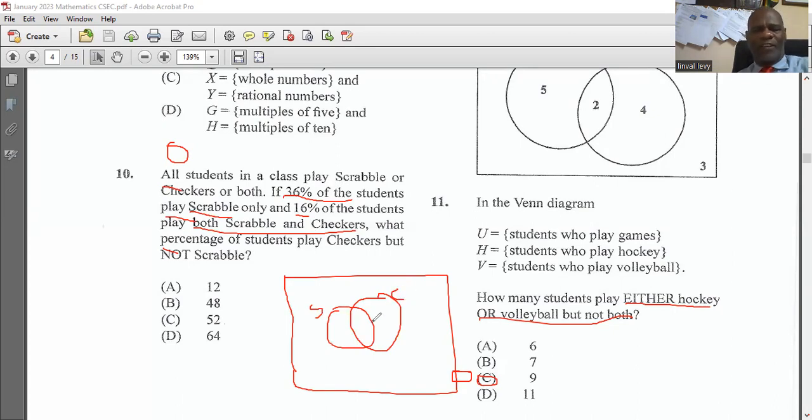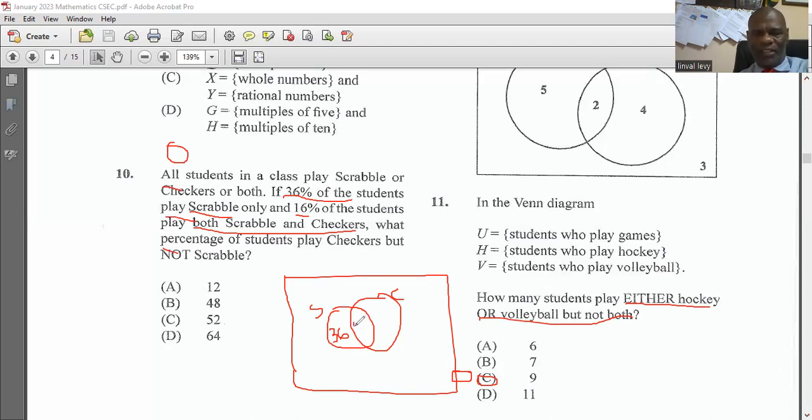Now we have 36% of the students play Scrabble only. This section right here represents Scrabble only. Then it says 16% of the students play both Scrabble and checkers.